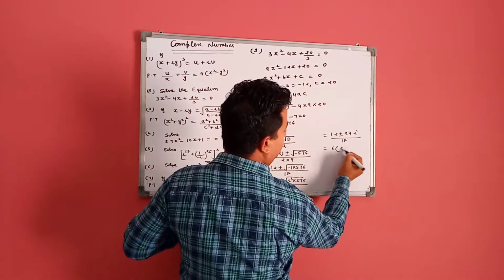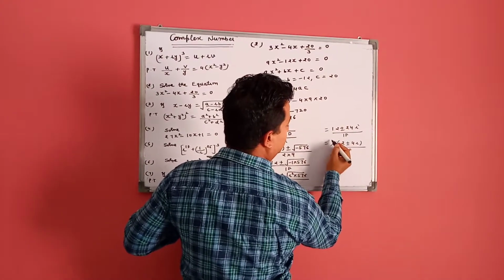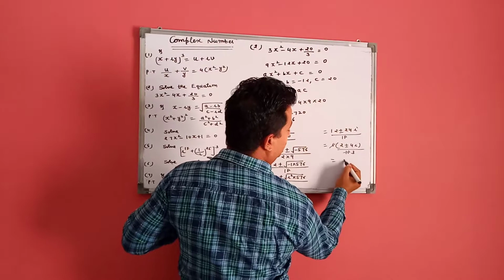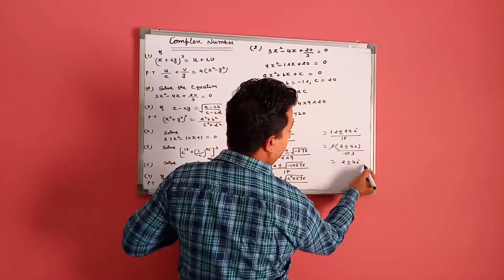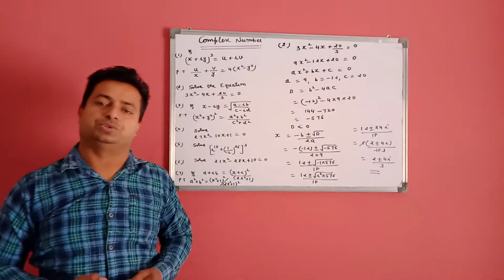Take 6 common: (2 ± 4 iota)/3. These are the roots of this quadratic equation.